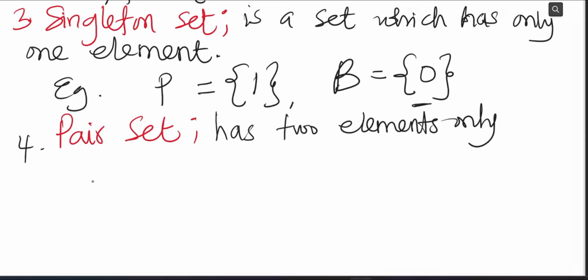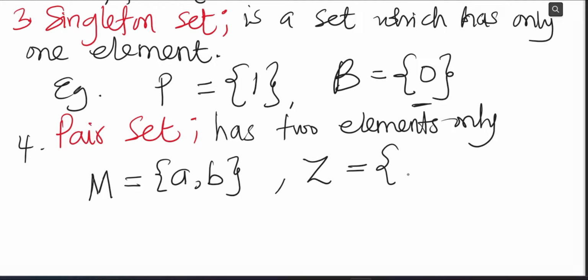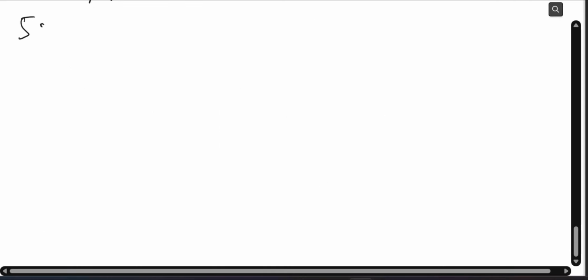For instance, if I take my set M to be equal to A, B, it contains only two elements, and so this is a pair set. If I take my set Z to be equal to 5 and 15, this is a pair set. The fifth example we are going to look at is empty sets.